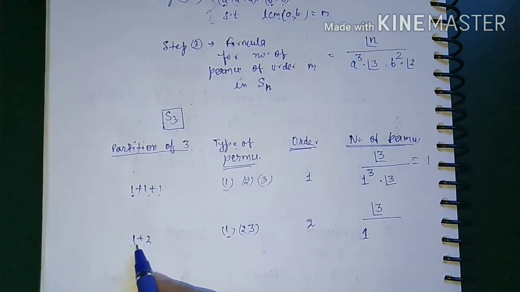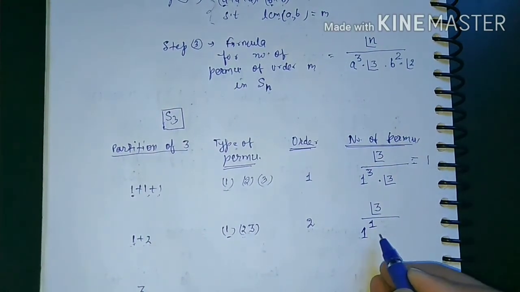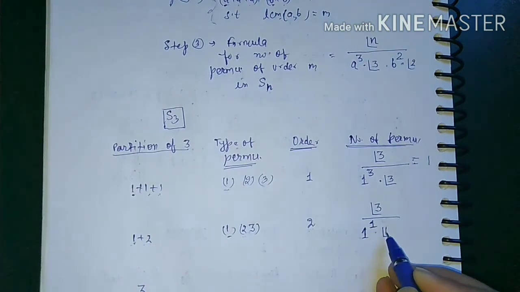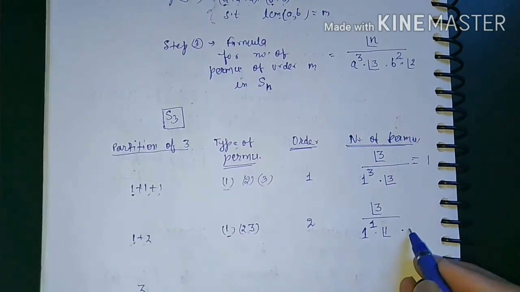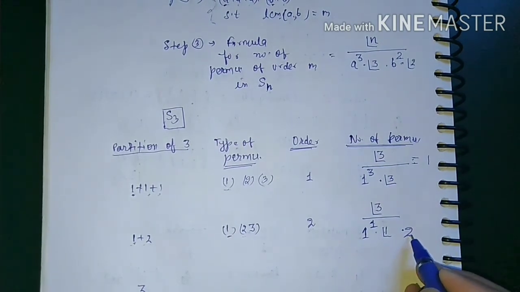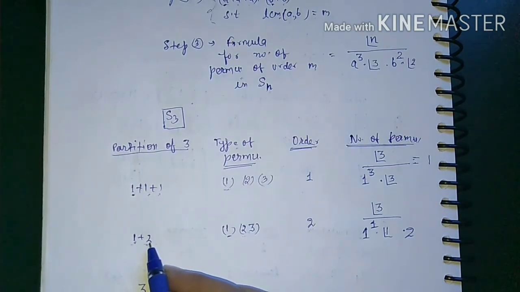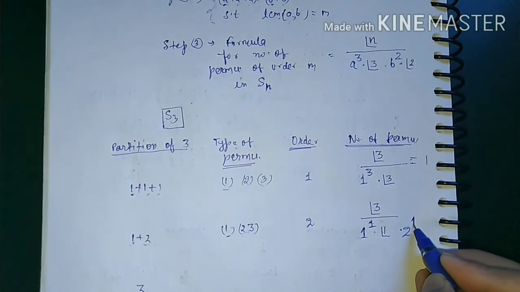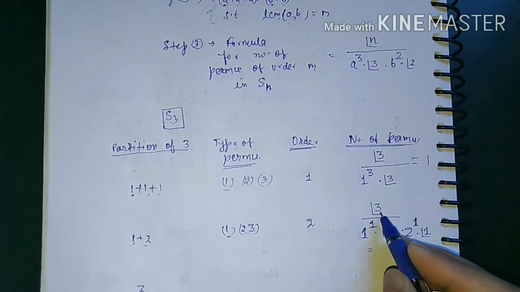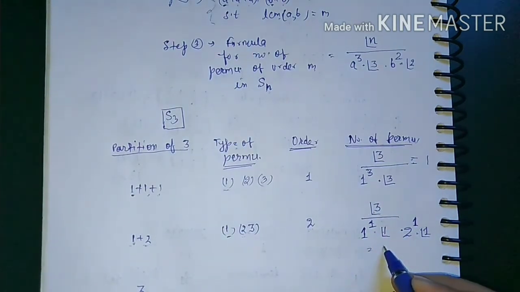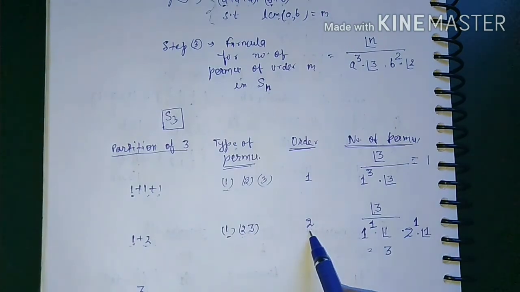There is one time 1 comes, so in the power of 1 we write 1, into factorial of 1, into the second element, which is 2 here, and in the power of 2 we write the number of times 2 comes. There is a single time 2 comes, so 1, and again multiply the factorial of 1, and it is equal to factorial of 3 upon 2, which is equal to 3. So the number of permutations of order 2 in S3 is 3.